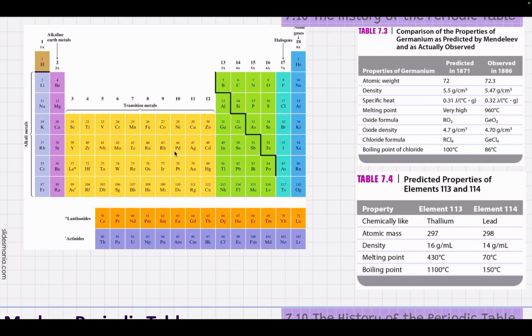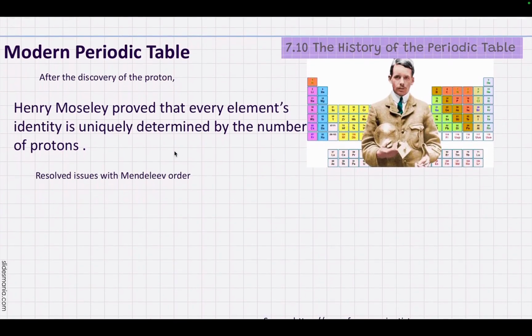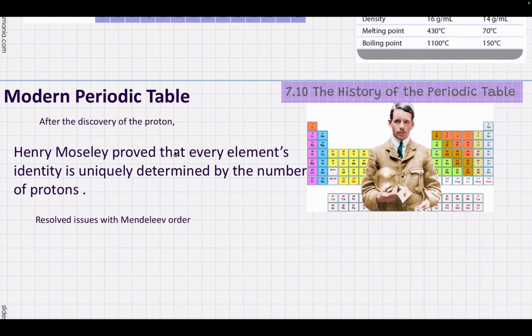So you can see how close he was. Our current periodic table is based on atomic numbers. If you look at our table, it goes from atomic number 1 to 2 to 3 to 4. It's really counting by atomic numbers and not the atomic mass.